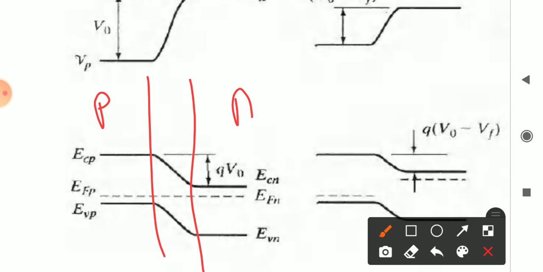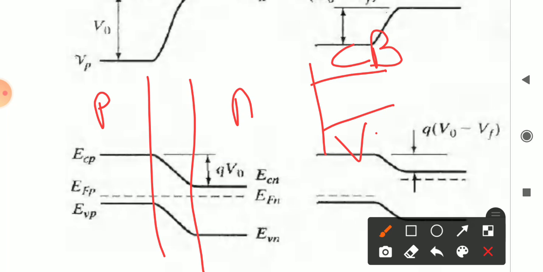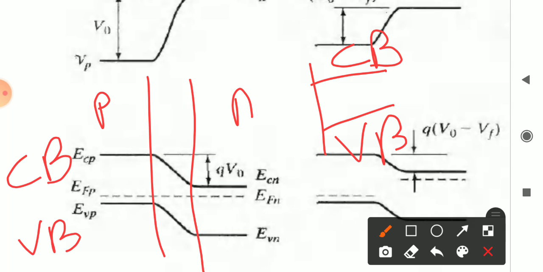As I told you earlier, the energy bands we know: the valence band, and on top we have our conduction band. For the N region, the Fermi level is exactly below the conduction band.